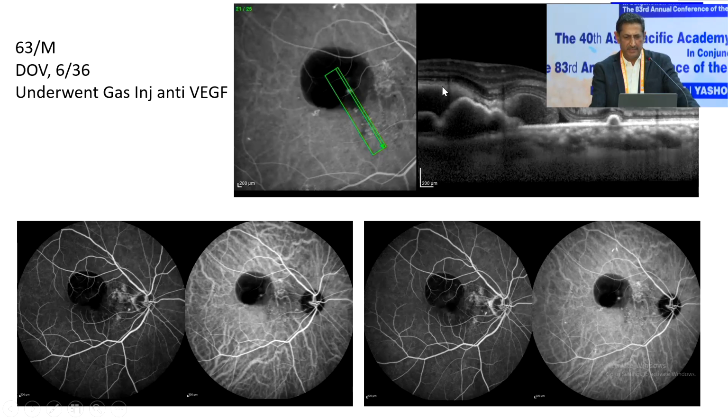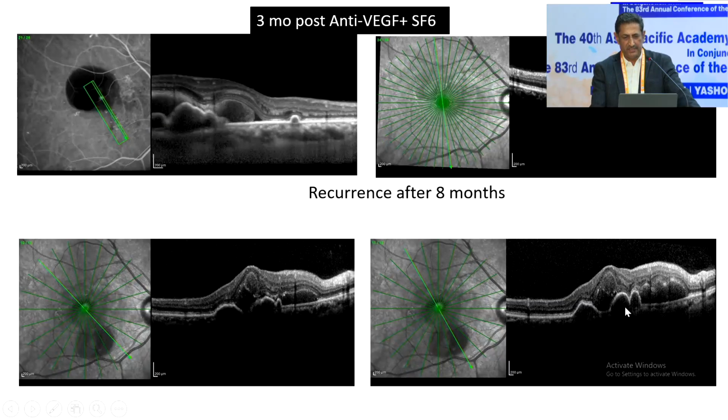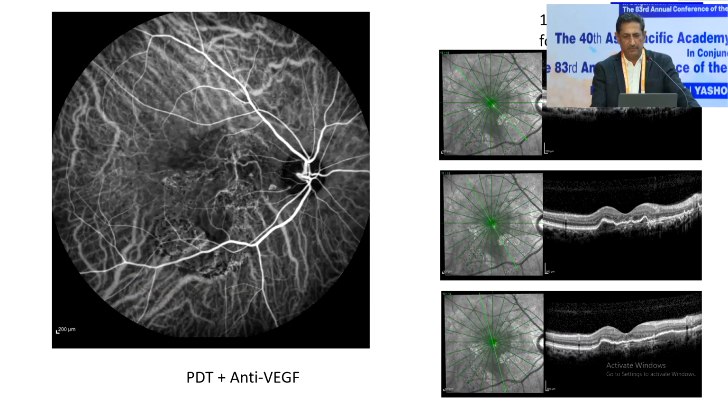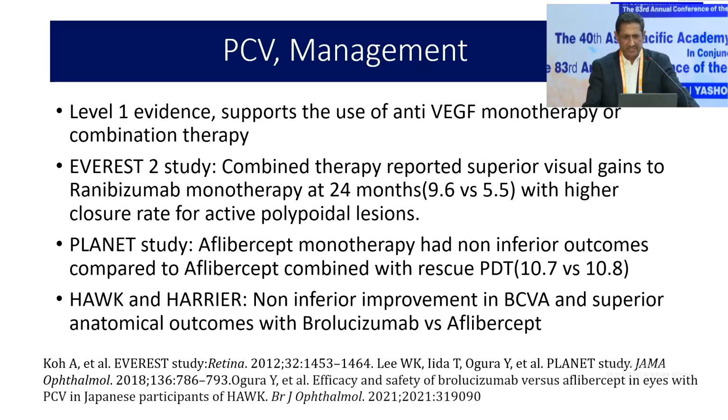This is another case. You can see the PED and the corresponding ICGs, and this patient also underwent gas displacement, and then the patient did well. So basically, level 1 evidence supports the use of anti-VEGF monotherapy or combination therapy, but studies have shown that combination therapy could be better.